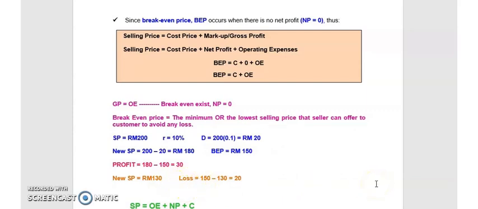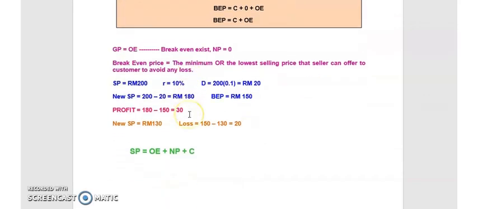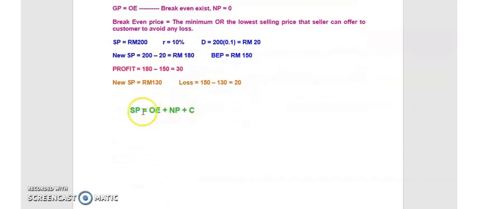So remember, break-even price is when net profit equals 0 and gross profit is equivalent to operating expenses. Now how do we get the formula for break-even price, the minimum selling price that we can offer to customers? Look at the selling price formula here.